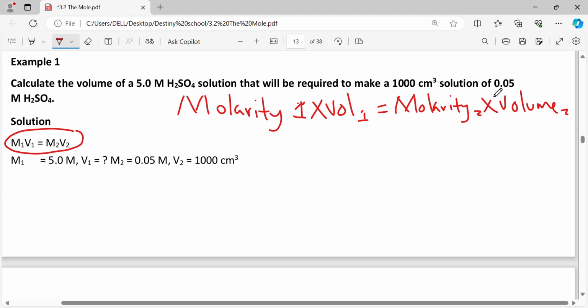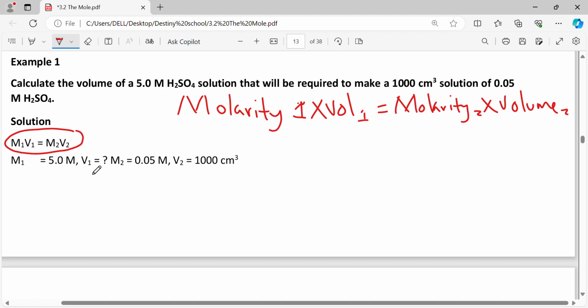Calculate the volume of 5.0 molar sulfuric acid solution that will be required to make a 1000 cubic centimeters solution of 0.05 molar sulfuric acid. So the formula is molarity 1 times volume 1 equals molarity 2 times volume 2. Molarity 1 is 5. Volume 1: if you read it, calculate the volume of the 5 molar, so the 5 molar does not have any volume.